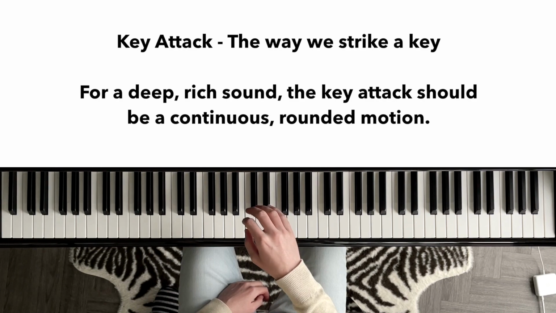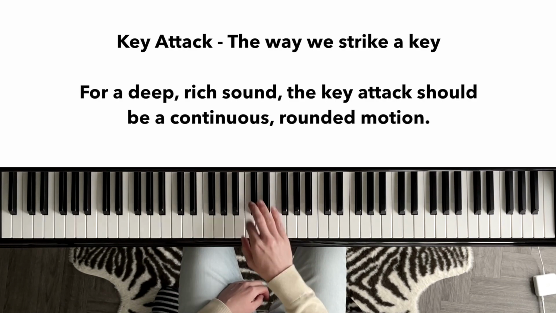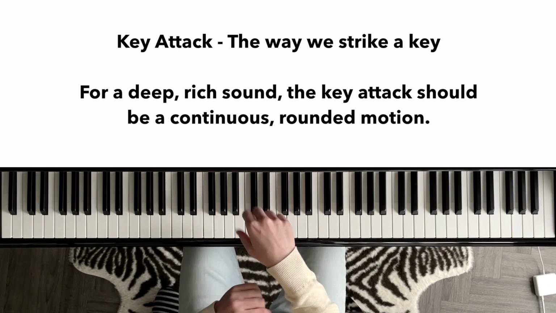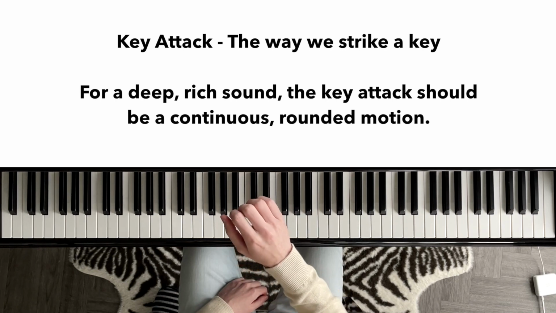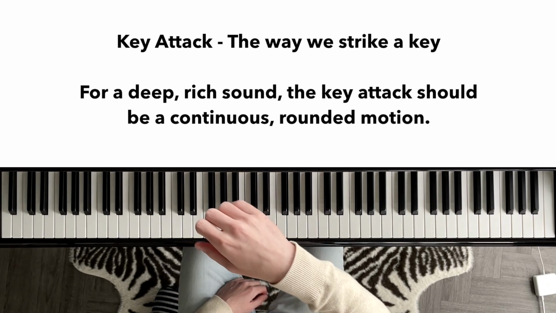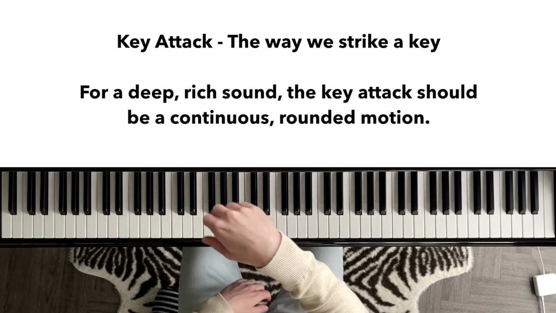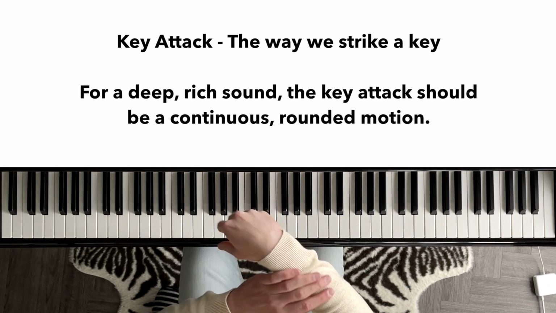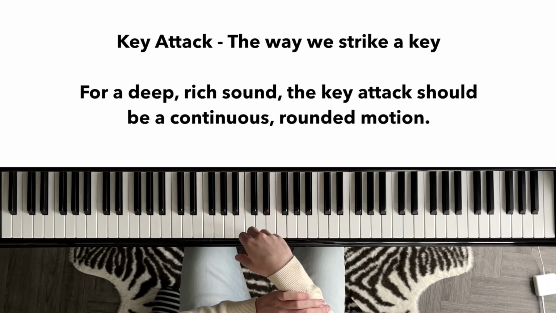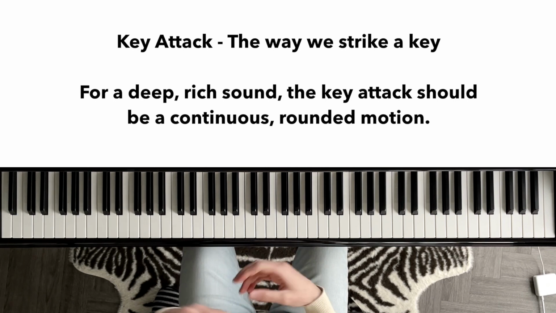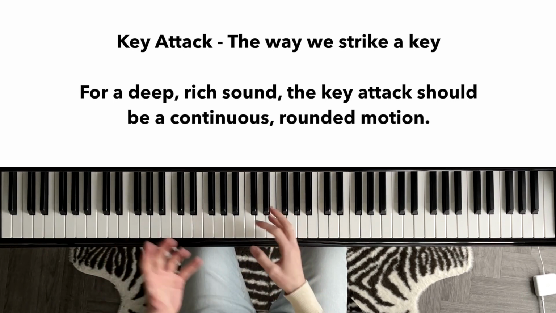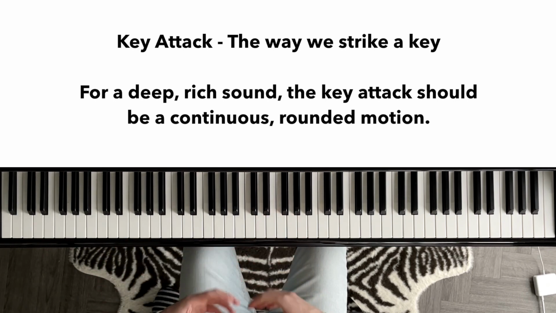So it doesn't go down like this, in a very static motion. Always think about the key attack as something that's continuous, that's wavy, and it's in a motion. And the wrist, forearm, and hand, they all work together. And this is really important when we play slowly or legato, because this motion is ultimately what's going to make our playing very expressive and emotional.